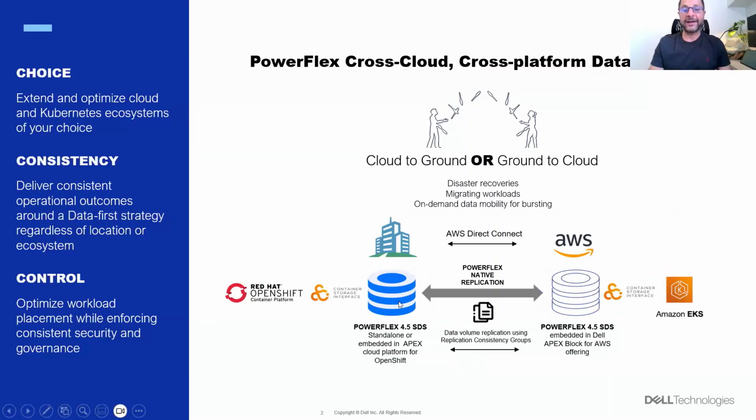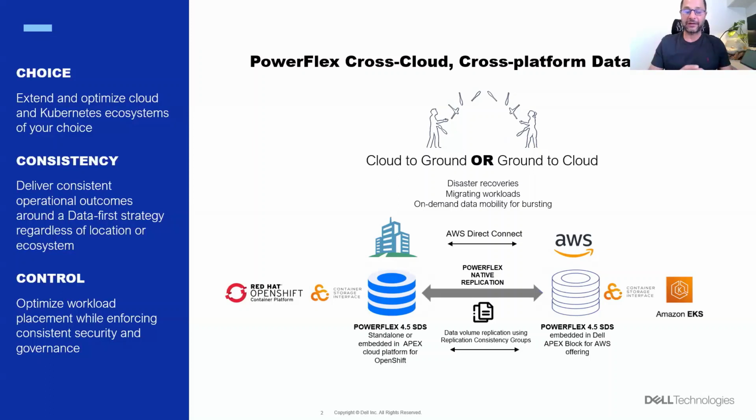Now, at the other end, I have my PowerFlex software-defined storage, again running on premises. And this time around, on the left-hand side, we have an OpenShift platform. Now, with the OpenShift platform, you could have it in its own realm, or you could have what is called the Apex Cloud Platform for OpenShift from Dell, which is essentially a bare metal offering and has full stack vertical integration from an OpenShift standpoint.